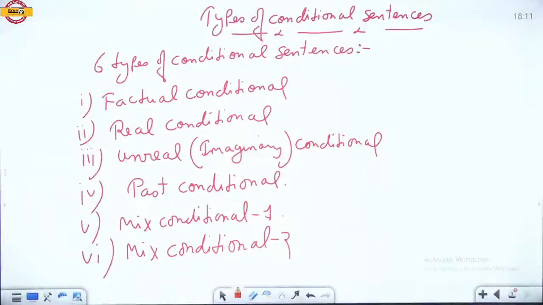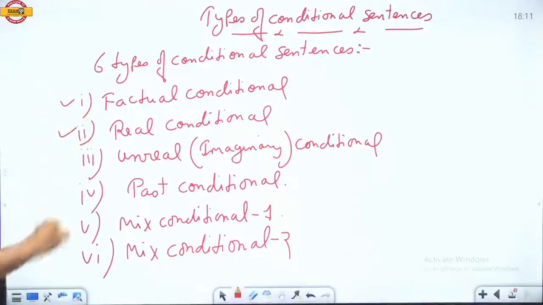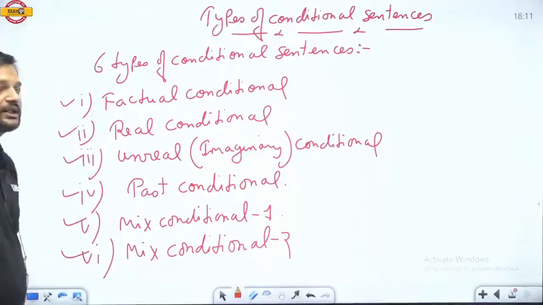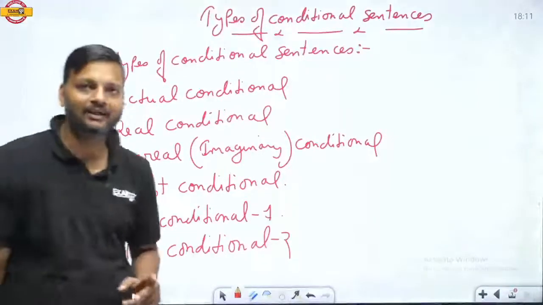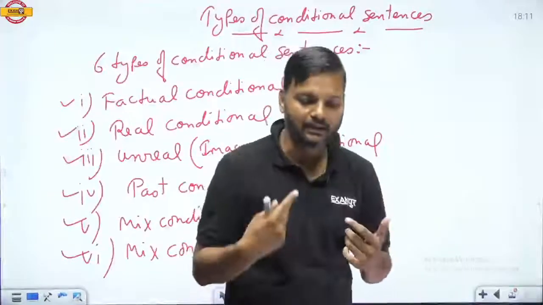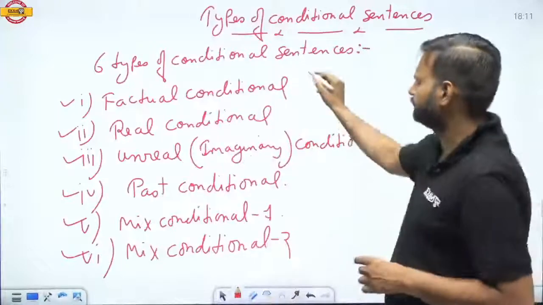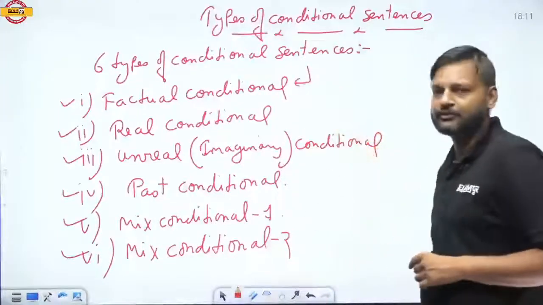So these are the 6 types of conditionals. First is factual conditional, second is real conditional, third is unreal conditional, fourth is past conditional, fifth is mixed conditional 1, and sixth is mixed conditional 2. Now what are those? I'll explain it later. Let's start with the first one.